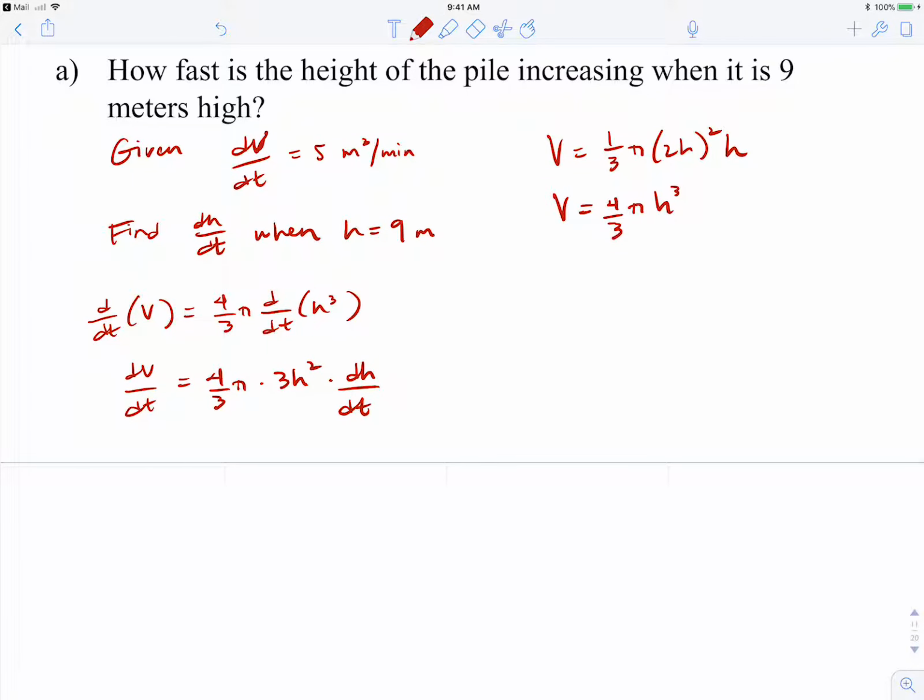So this simplifies, the 3's canceling, to dV over dt equals 4 pi h squared times dh over dt. Now we know what dV over dt is, so I can replace dV over dt with 5, and then we can just solve for dh over dt.